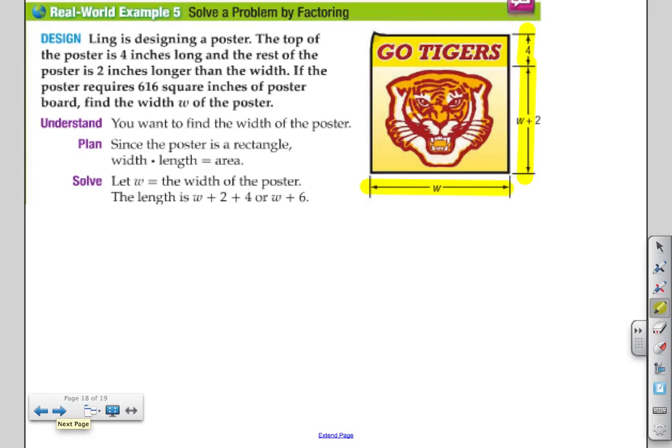So having a picture, we can think, okay, well, the area of a rectangle is what? A equals length times width, right? So A equals LW.